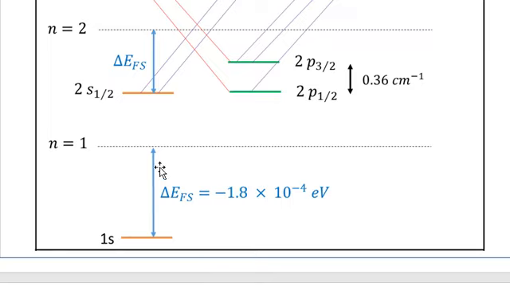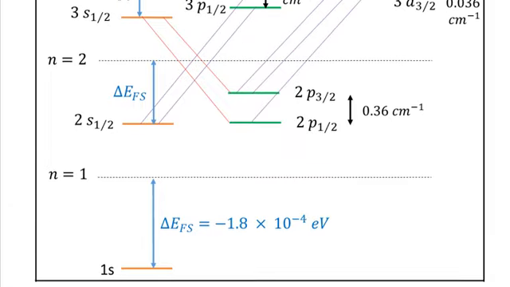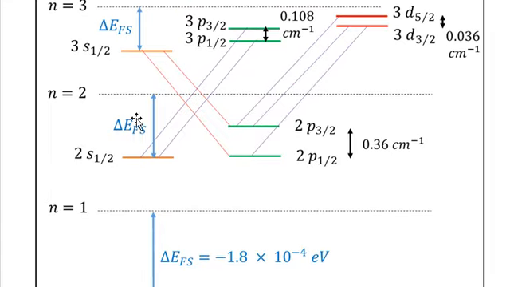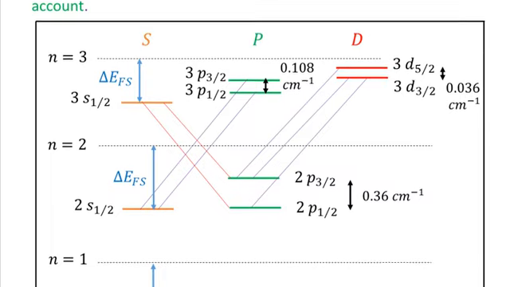But if you go to higher values of the principal quantum number, you will see that the value of delta EFS becomes smaller. For example, the value of delta EFS for n equal to 3 is even smaller in comparison with the value given for n equal to 2 and n equal to 1, respectively for the 2s electron and for the 1s electron. So this was the story for the s electrons.